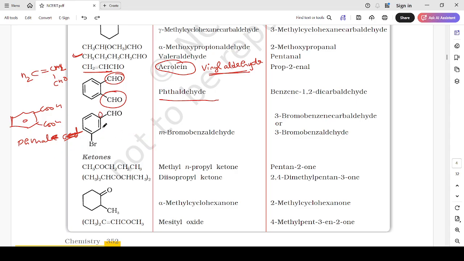Instead, I'll say ortho, meta, and para. The substituent that is immediately next to it is called ortho. This is ortho, this is also ortho. The next one is meta. At the meta position what do you have? Bromine. Meta bromobenzaldehyde.